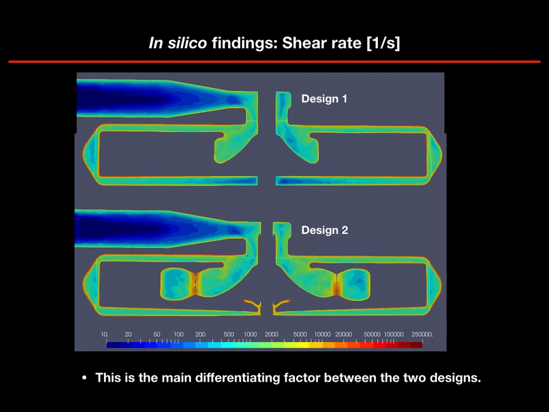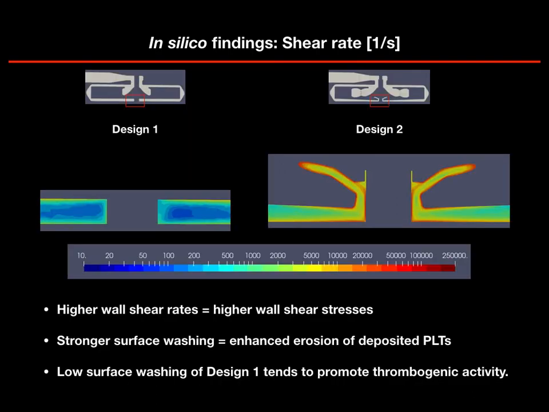However, when we look at shear rate, we find now the main differentiating factor between the two designs. Design 1 has a much lower shear rate around the lower bearing compared to design 2. If we look at shear rate around the lower bearings in design 1 and design 2 in a little more detail, we can begin to draw conclusions.